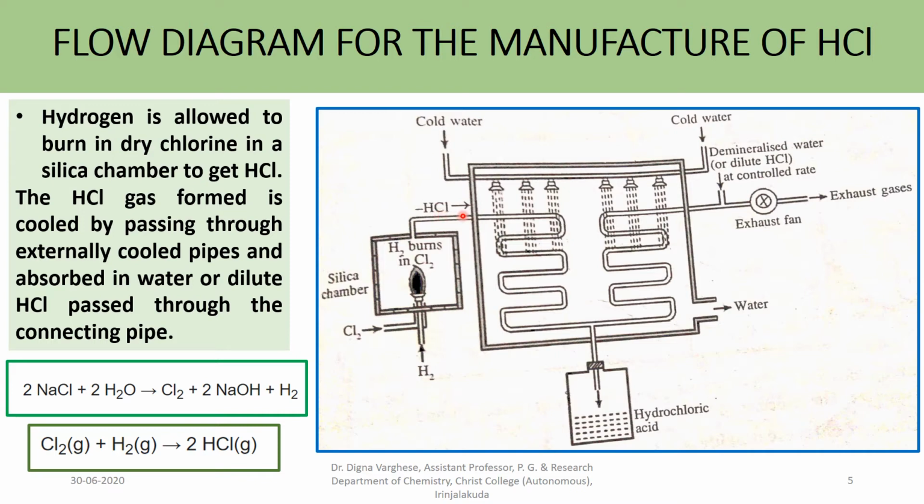This is passed through externally cooled pipes and absorbed in water or dilute HCl passed through the connecting pipe. By this we get the pure hydrochloric acid of about 36%.